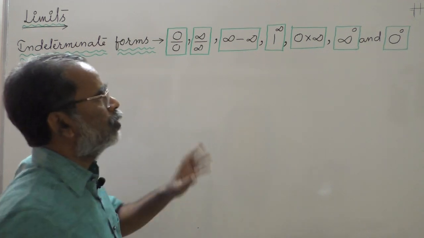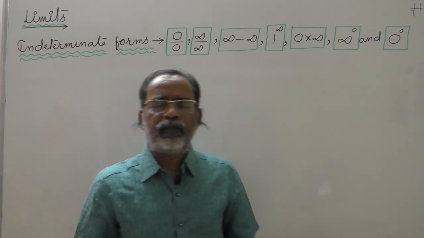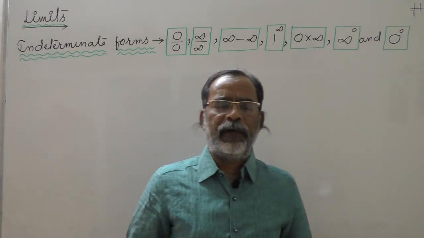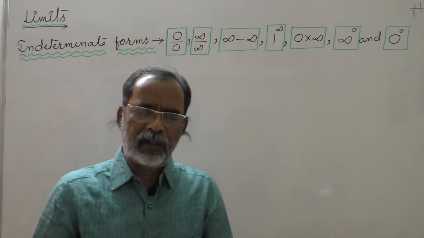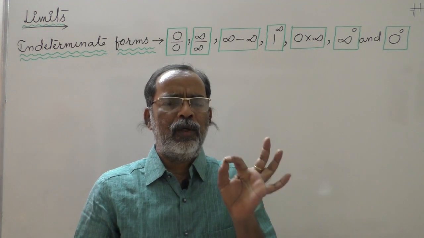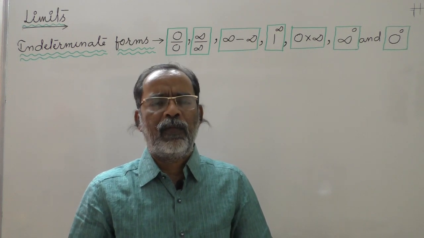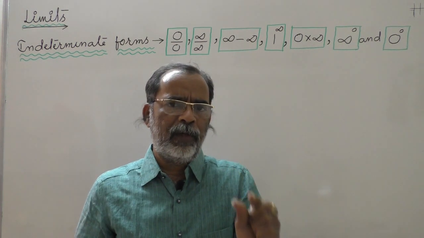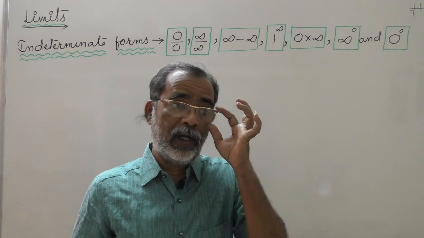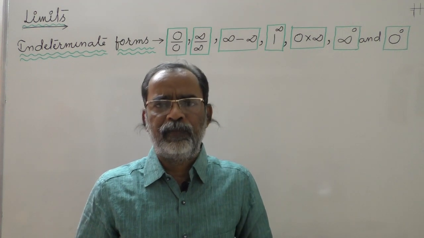So if a function is given and you want to find its limit, firstly you substitute the limit value in the given function. If you substitute the limit value in the function, then 2 things may happen.